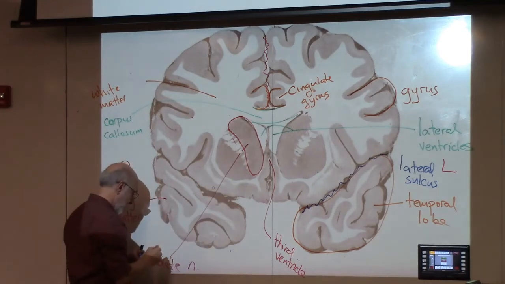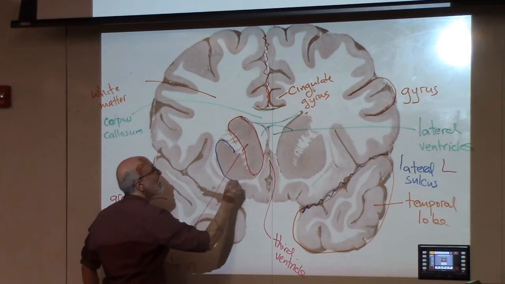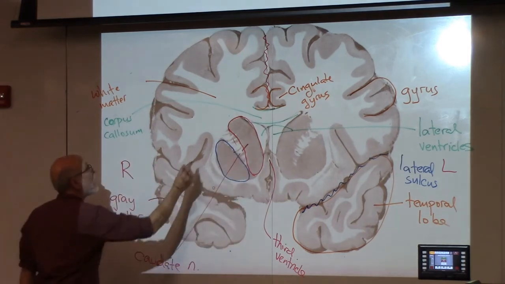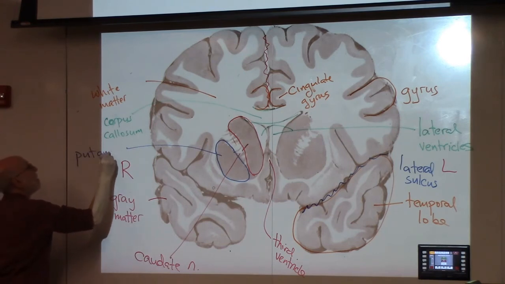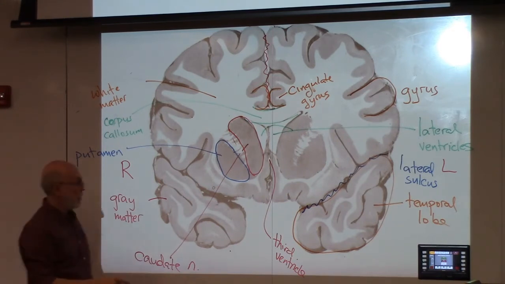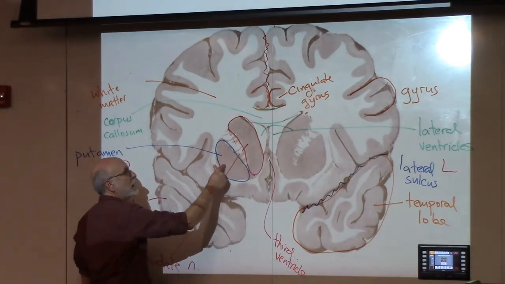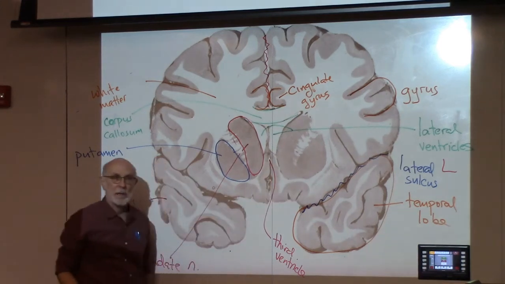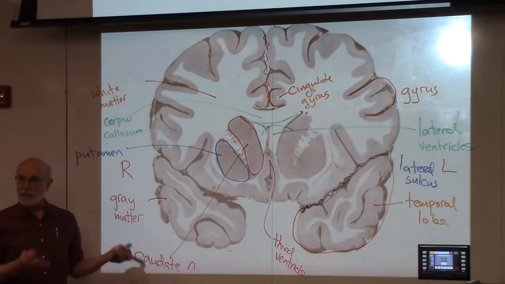Below the caudate is some more gray matter, and in this slice, it's called the putamen. It is also part of the motor system. So here is the right caudate and the left caudate, the right putamen and the left putamen. I typically will not accept right and left as separate labels on this because it's so symmetrical.